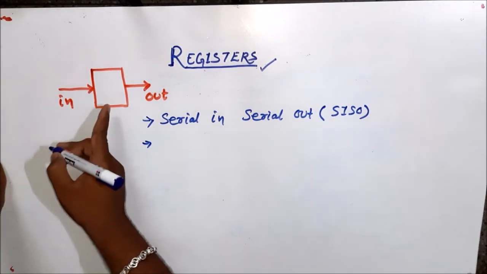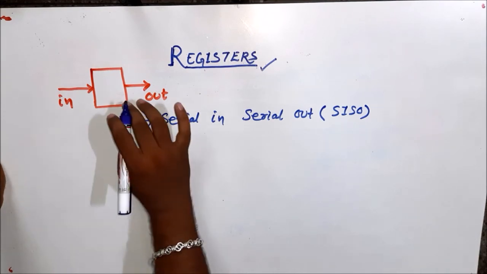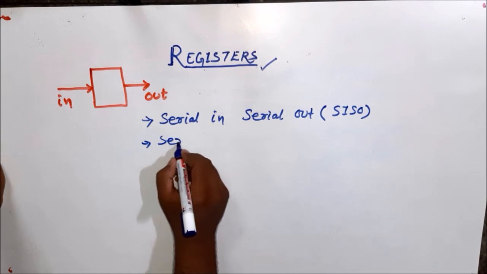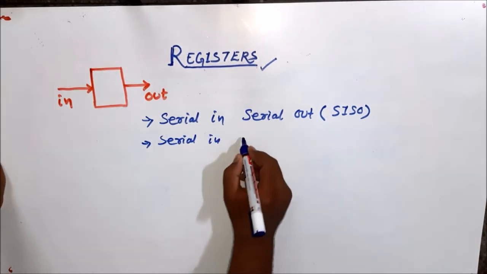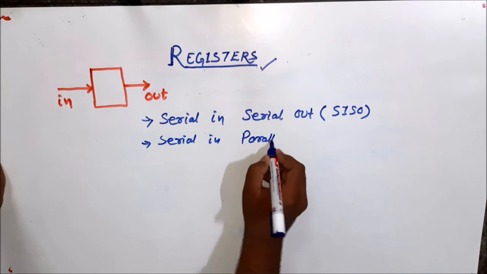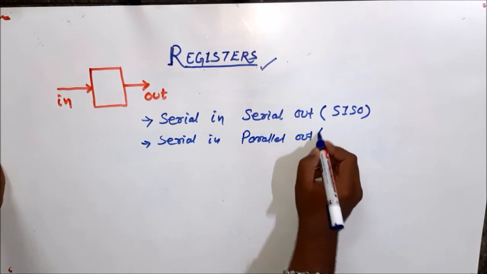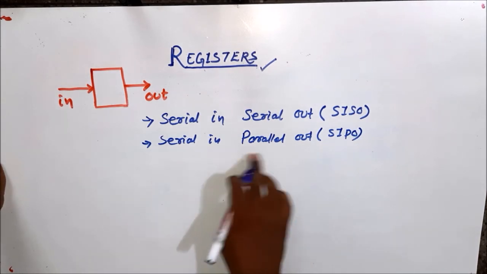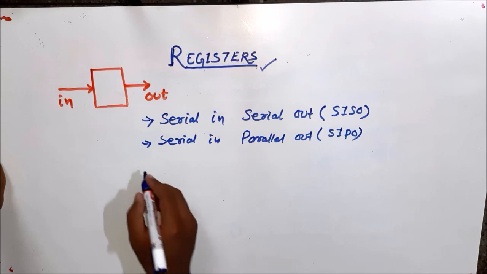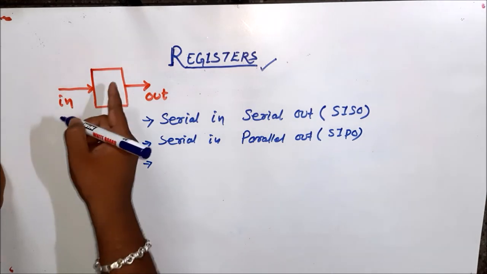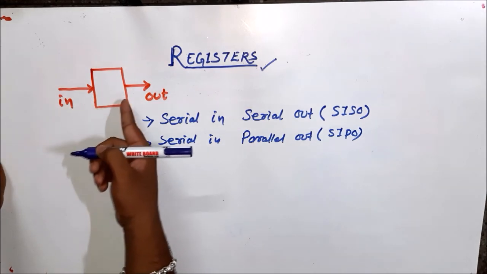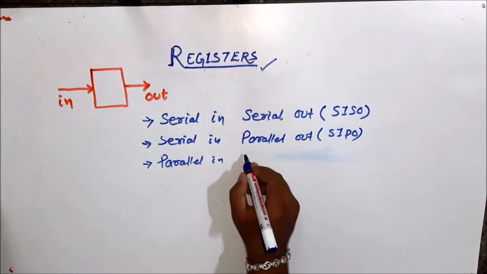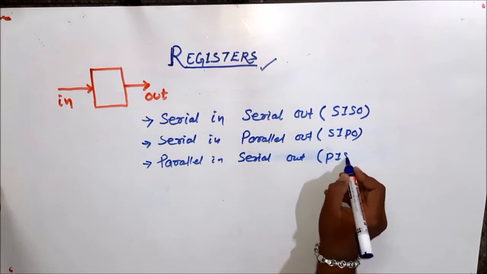If my device takes serial input but provides parallel output, we can say serial in, parallel out, SIPO. Or if my device takes parallel input and provides serial output, we can say parallel in, serial out, PISO.